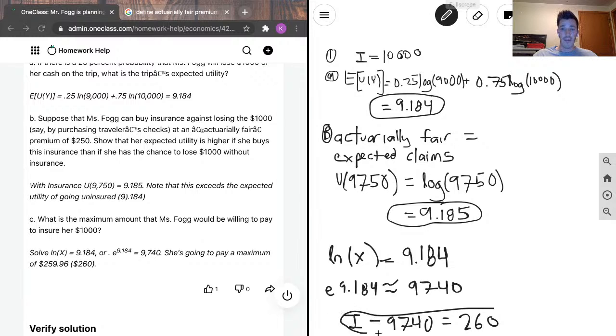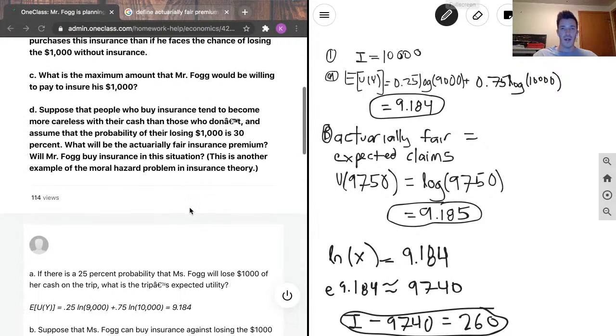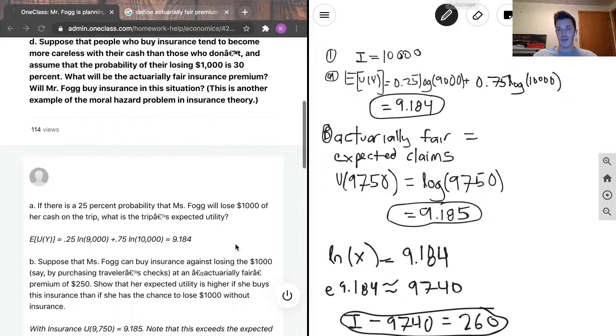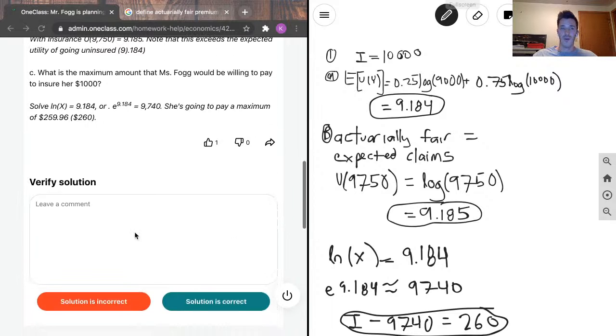So given that the maximum they're willing to pay is $260 for insurance, the fact that they paid $250 means that they're going to be better off. So in part B here, they purchased it at an actuarially fair premium of $250, but given that they would have paid up to $260, they got a better deal, and therefore they're better off.